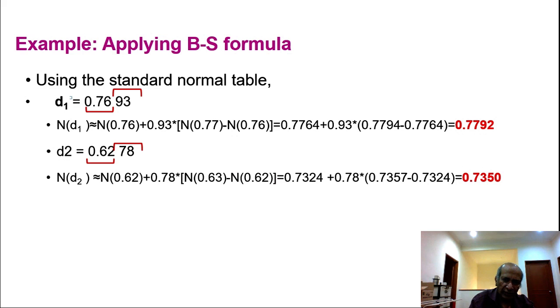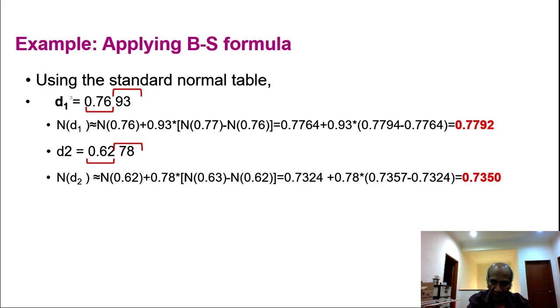Now this you got it as N of 0.76. Now you do the interpolation, the in-between one. N of 0.77 minus N of 0.76. So it's equal to what? 0.7764 you would have found in the table for 0.76, plus 0.93 times the difference, where N of 0.77 is 0.7794 minus 0.7764. You calculate the entire thing, you will get 0.7792.